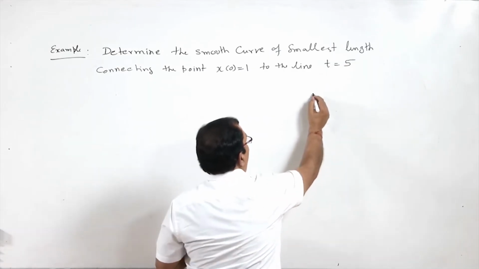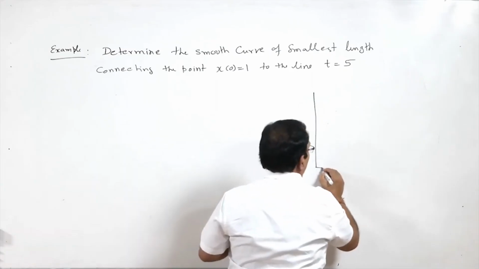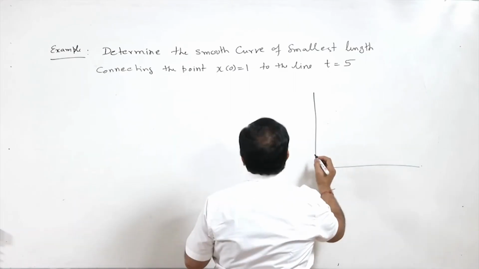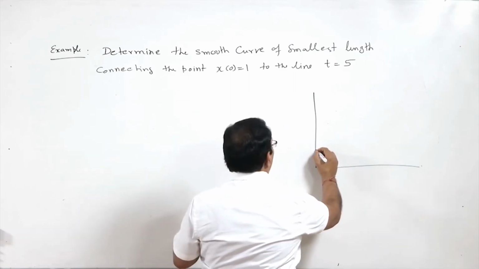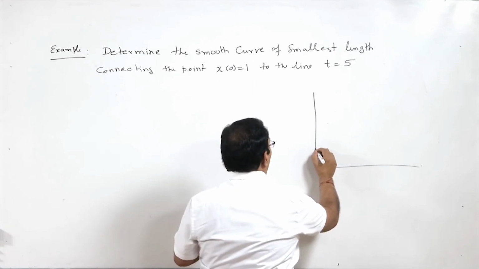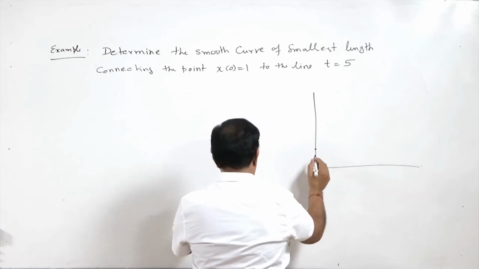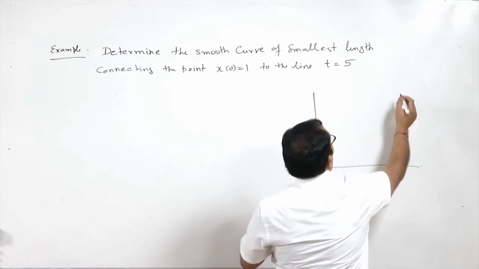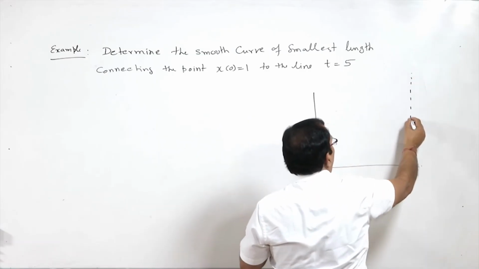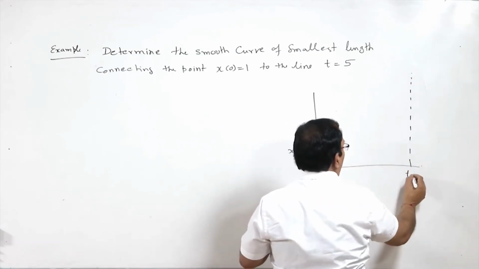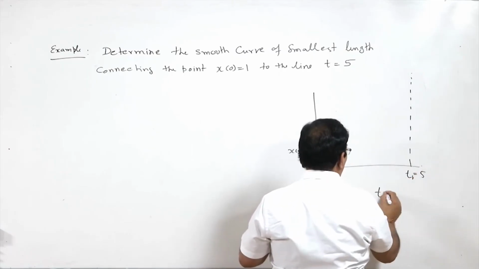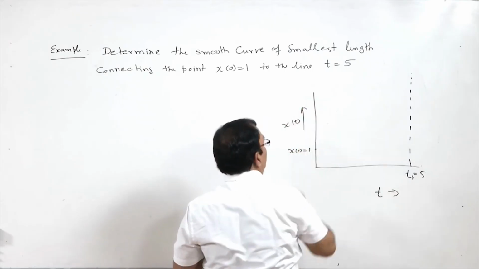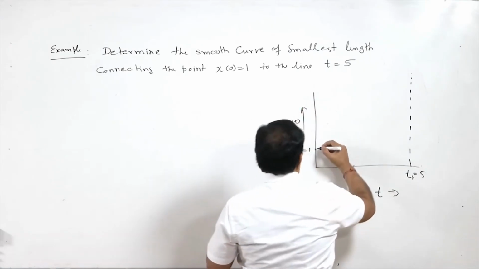So, my problem here is to determine the curve of the smallest distance from the point x0 equal to 1 to a line given as Tf equal to 5, and this is my x of t.